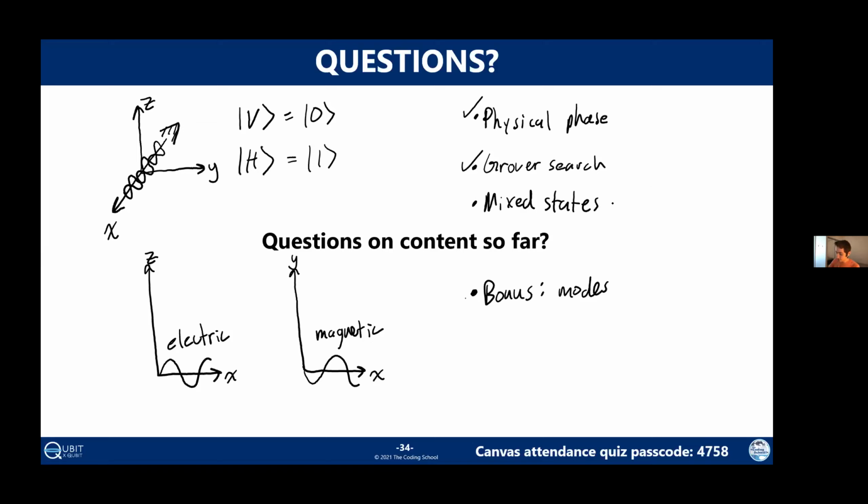A mixed state is what you get when you combine these two things. So suppose I wanted to do a quantum computing calculation. I wanted to apply a gate to a quantum state that I knew was either in the state ket 0 or the state ket plus. And each of these had a 50% probability. So basically what's going to happen is, you would come up to me, I flip a coin.